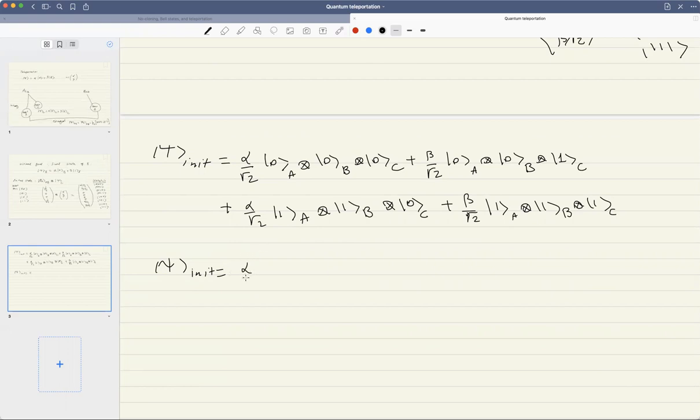So I can write alpha over square root 2. Now I switch B and C. Again, that's the same state.